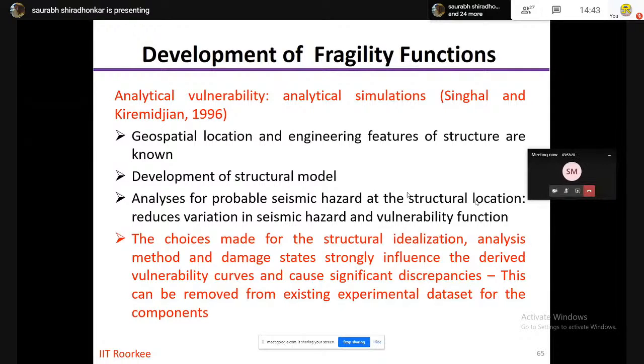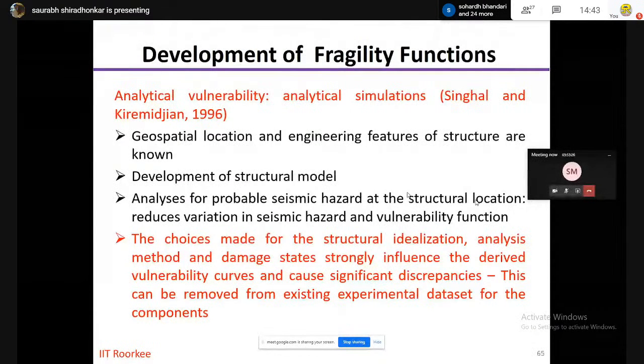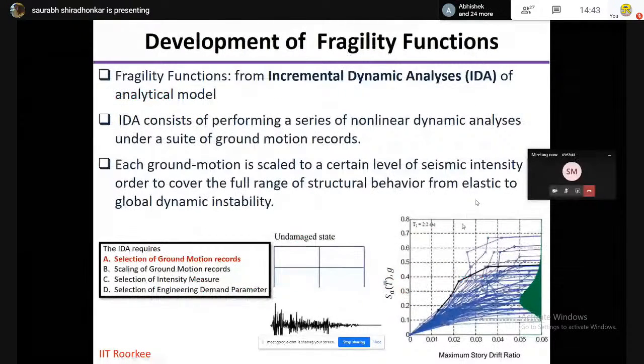For each applied ground motion, I increase its intensity till the point the structure collapses. For each analysis, I figure out the capacity curve, which is called the IDA curve, incremental dynamic analysis curve. Since this is a nonlinear time history analysis, we are not calling it a capacity curve. The capacity curve is purely obtained from the pushover analysis. So this is an example of that.